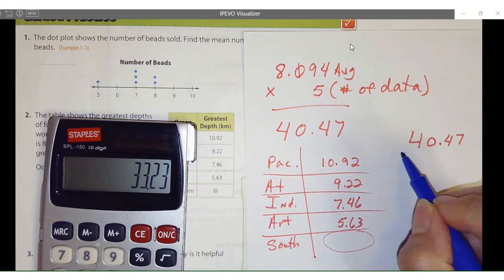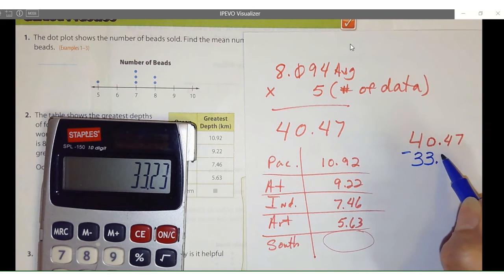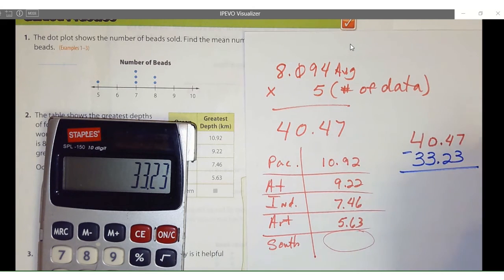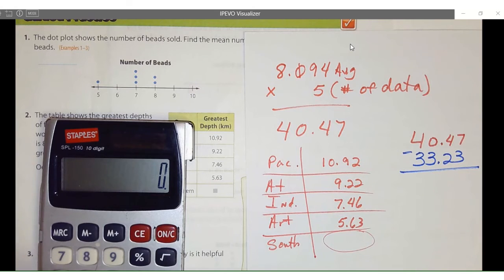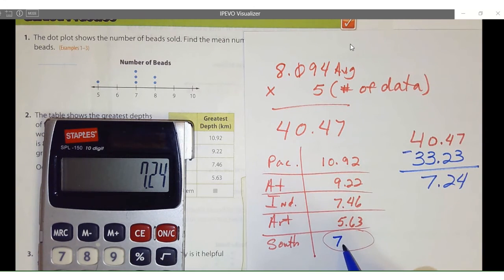So we take that number and we subtract it from here. 40.47 minus 33.23 equals 7.24. So we are saying that this is 7.24. All right. 5 pieces of data.